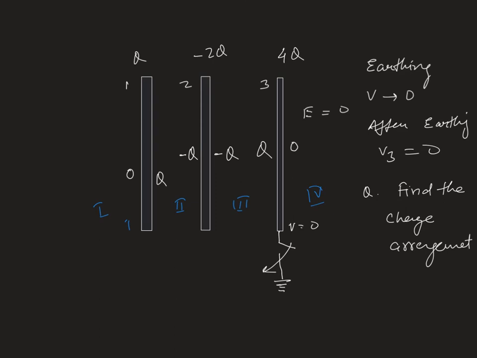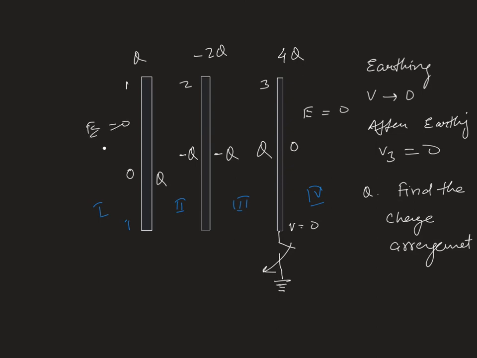In region 1, the field is only due to this and this. Because these are equal and opposite, their fields will get cancelled out, and these are equal and opposite, their fields will get cancelled out. So the field in region 1 is only due to the leftmost and the rightmost charges, and hence it is 0.